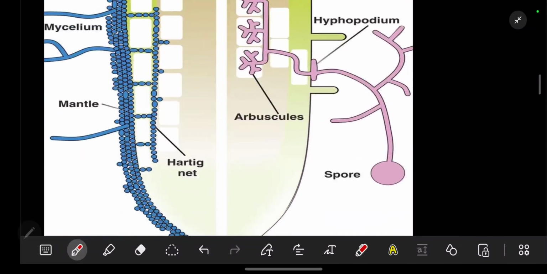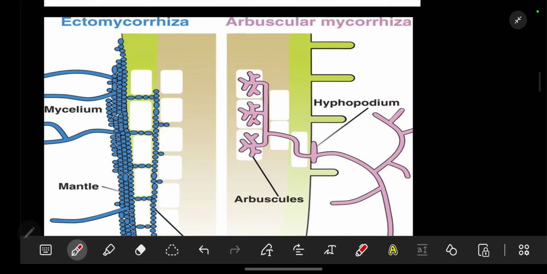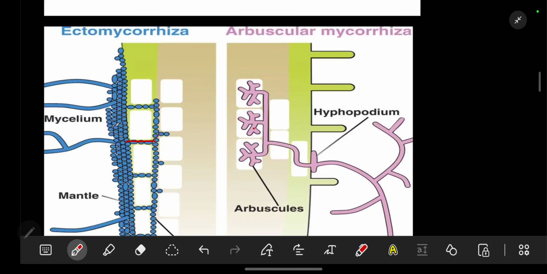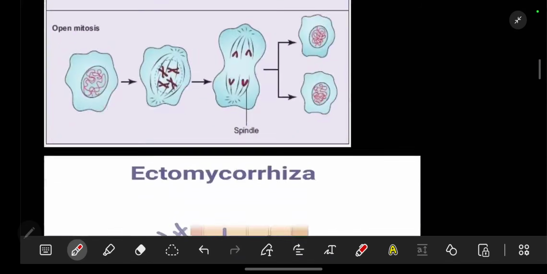So as you can see, let's say that these are the cells. You can see that under ectomycorrhiza, it is going around the cells like that. But this one, for arbuscular mycorrhiza, it is entering. So the cell is here, it is entering inside like that.